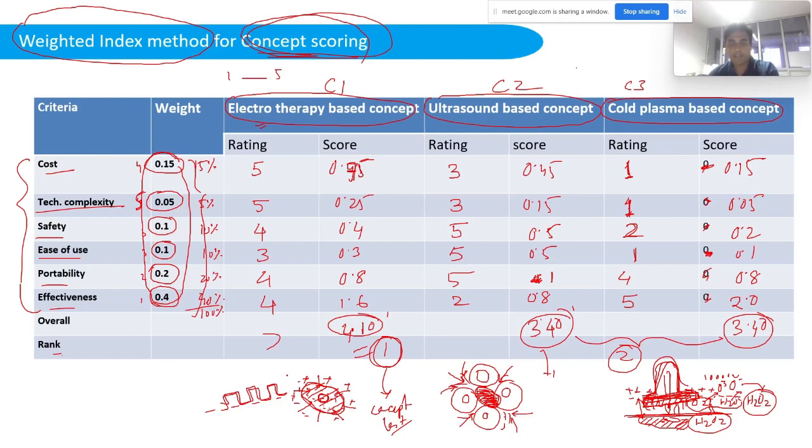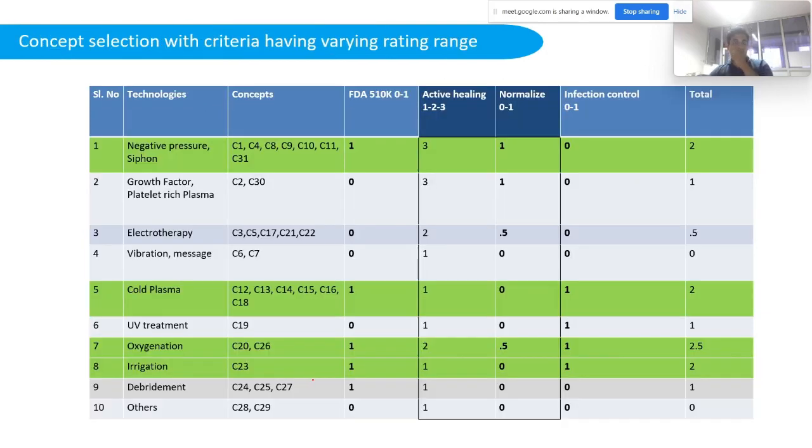Okay. So another thing that happens is sometimes the criteria need a varying scale or varying rating range. For example, this is again a similar example. We have various concepts here. So these are concepts. See C1, C2, C4, all these are concepts following this particular technology.